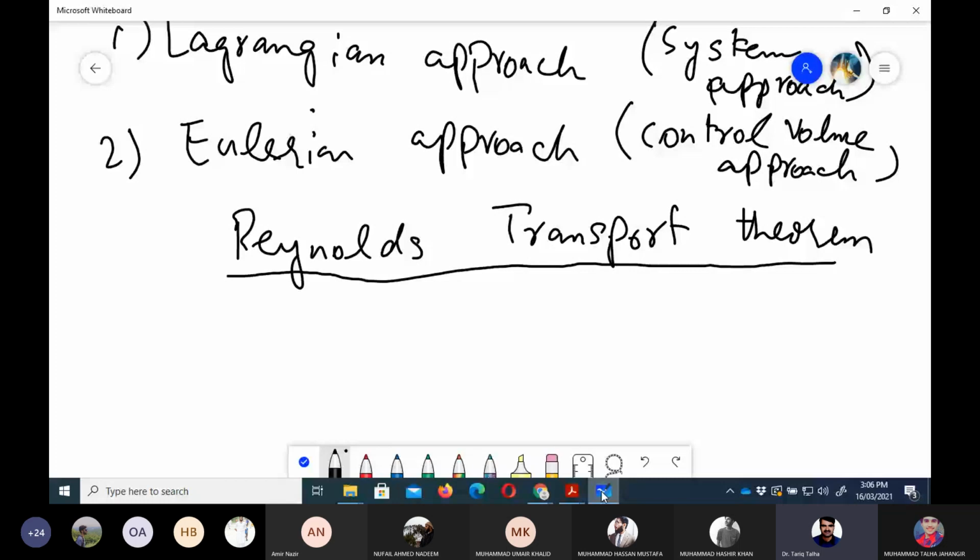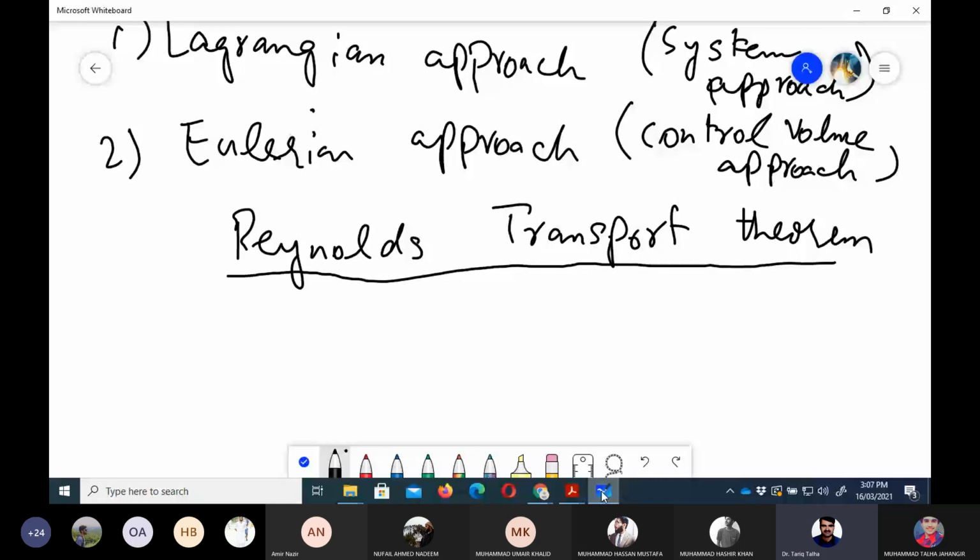That's why we need the Reynolds transport theorem, to analyze in control volume space, because we know that all the physical laws are applicable to the system approach, not to the control volume approach. So that's why we need that conversion from system to control volume approach.